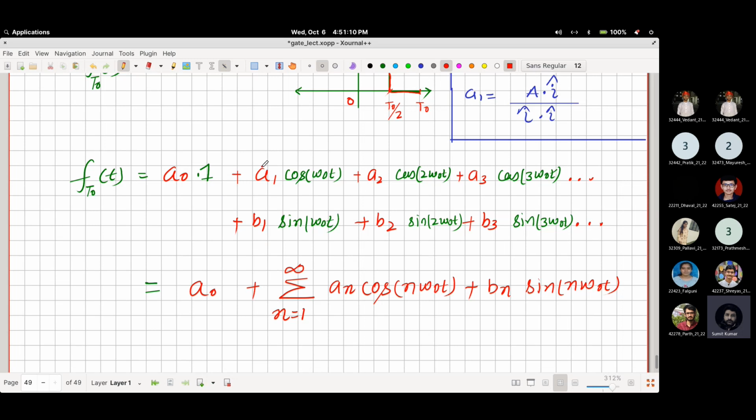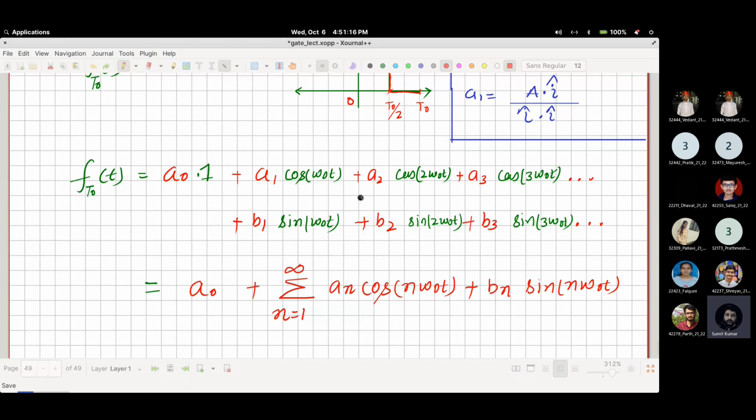Is this clear? I have written it in shortcut form because it's infinite, and I can't write that much.